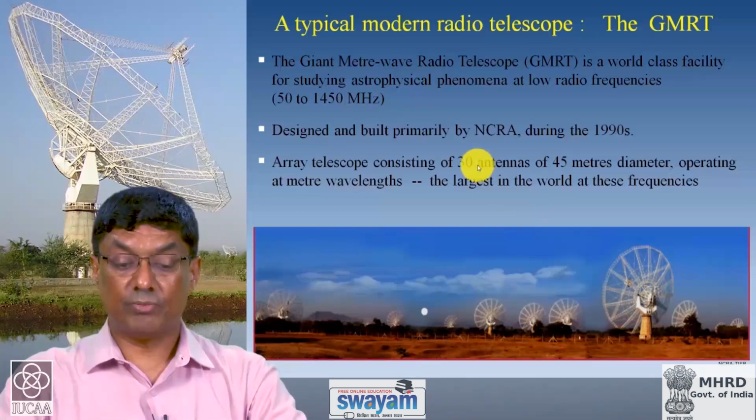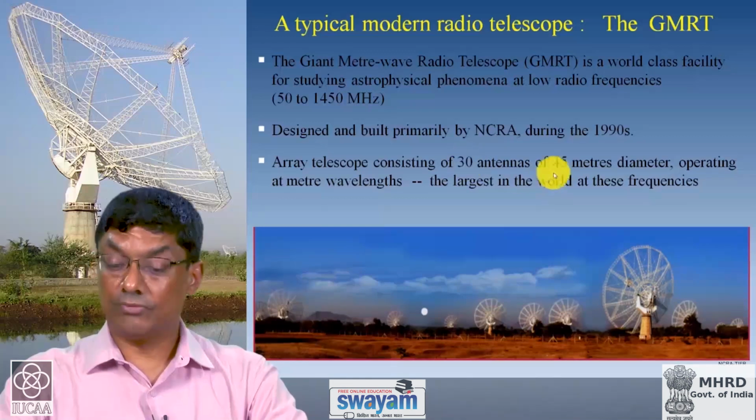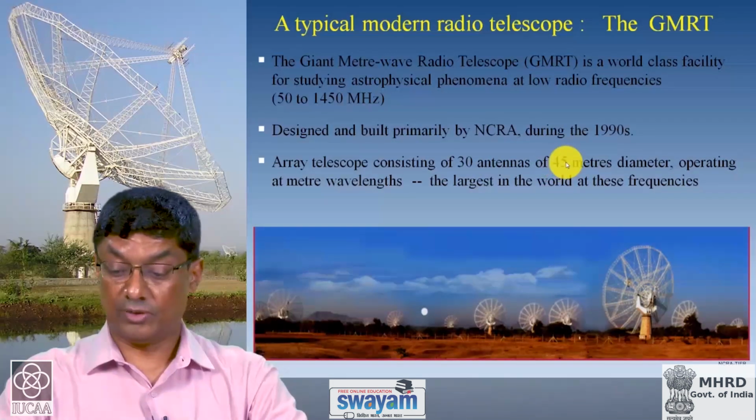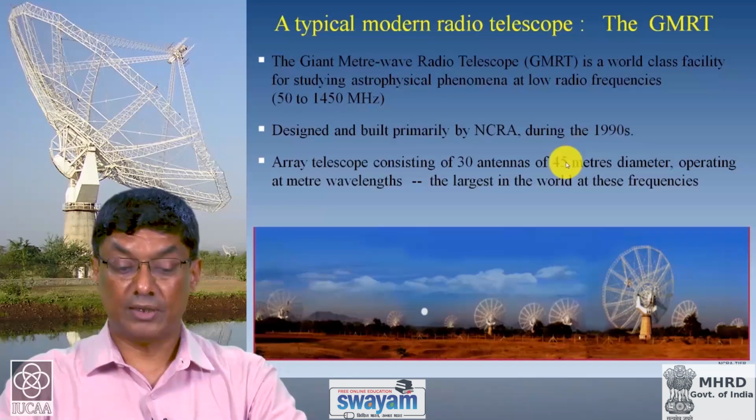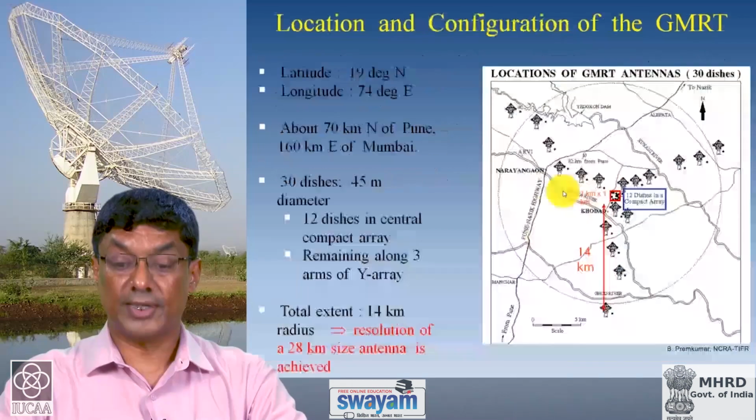And it is an array telescope, consisting of 30 antennas. Each of them is fairly large in its own right, 45 meters in diameter, and it is one of the largest facilities at these frequencies in the world today.